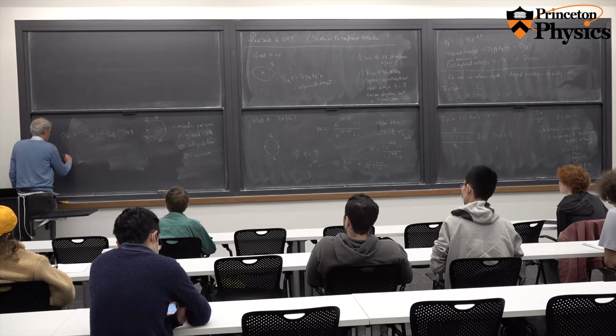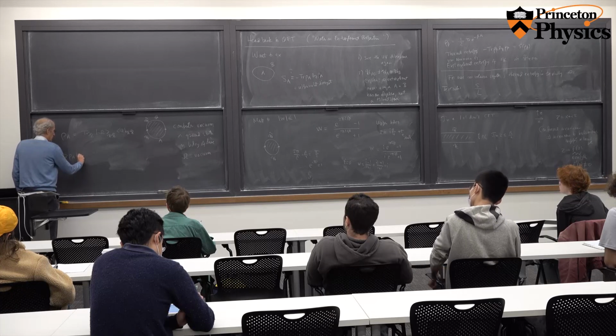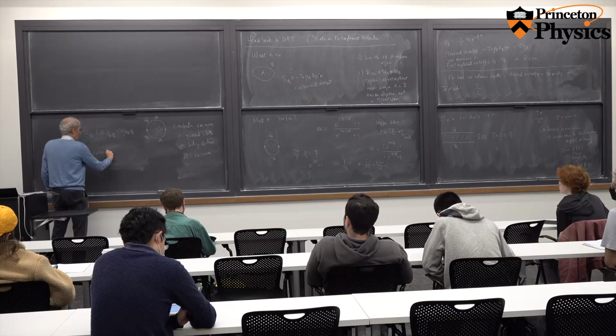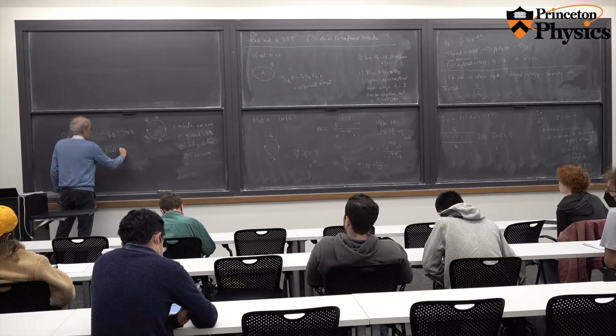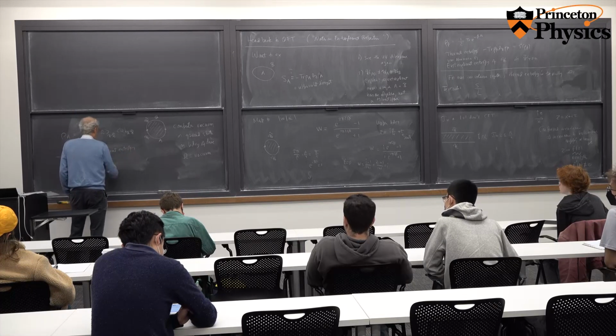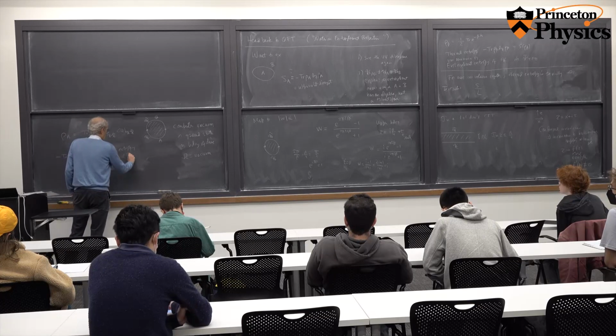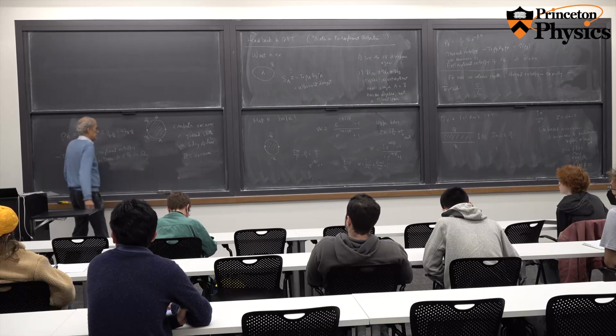So minus the trace of rho A log rho A is just the entanglement entropy between A and B in the ground state.